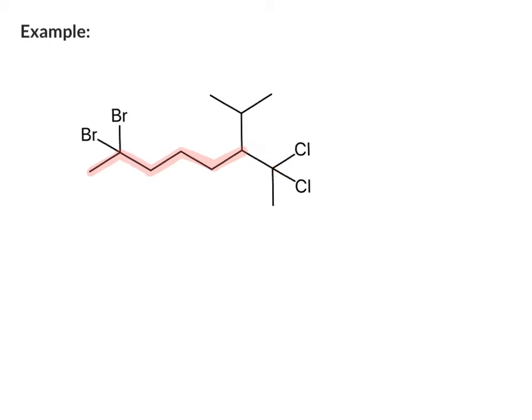Or if I go down, I can capture 2 carbons. Well, if I go up, I have 2 substituents coming off of that portion of the parent there. Also, I have no idea how we're going to name this part either, because that's quite complicated. So what if we go down instead?